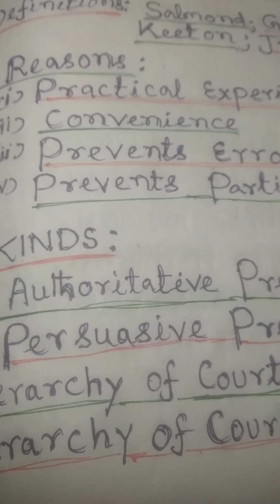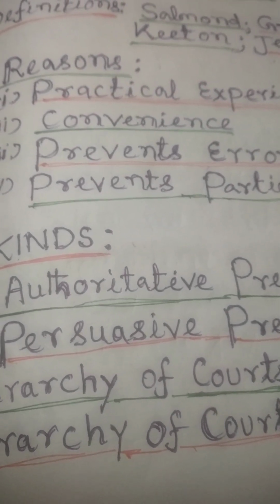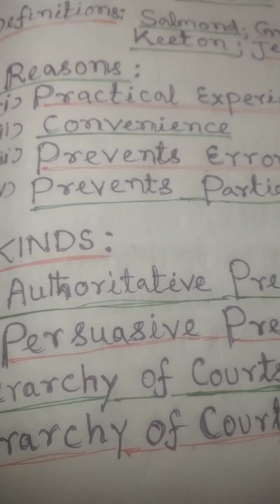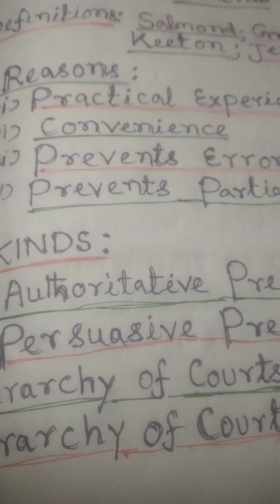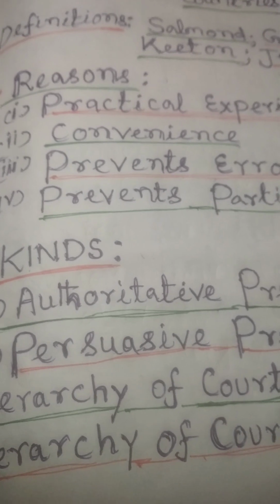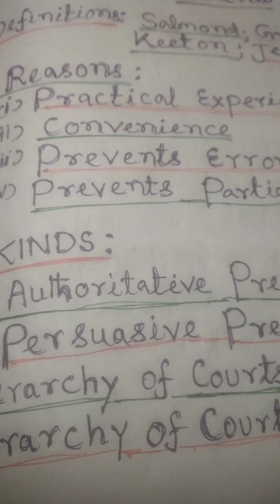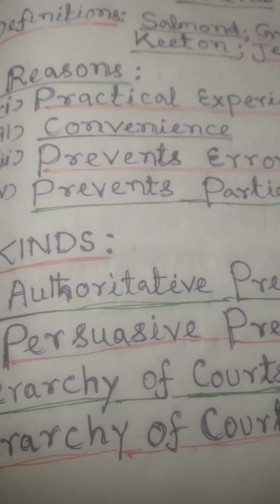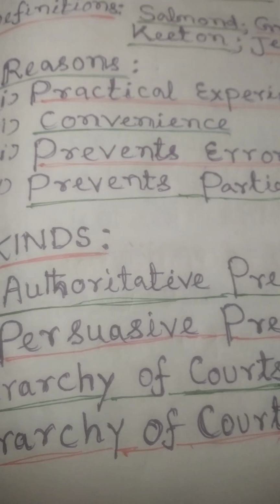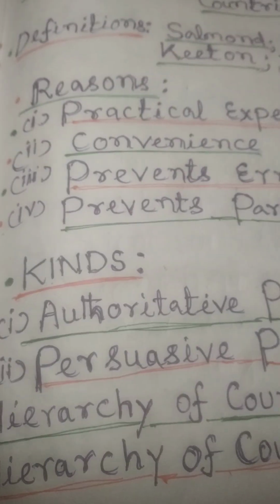So, in the inferior, we find the Magistrates' Courts and County Courts, and above them are the three benches of the High Court, the Queen's Bench, Equity Bench, and Admiralty Bench.